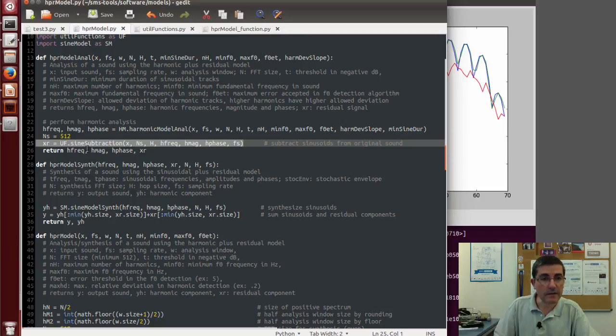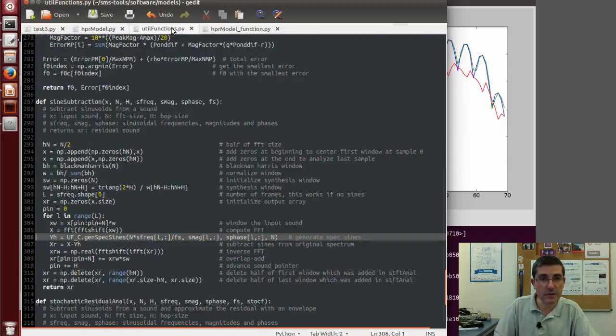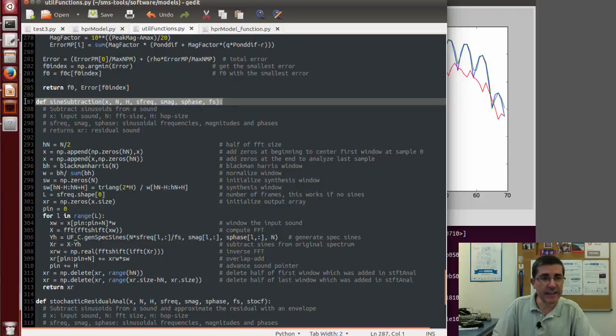So this function is in the util functions directory, in the file, and in here you find the sine subtraction function, and it basically does what I have explained just a while ago. It goes through the sound, and then at every frame it does the subtraction of the sinusoids.